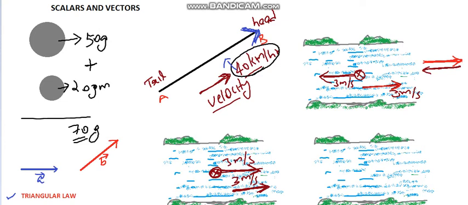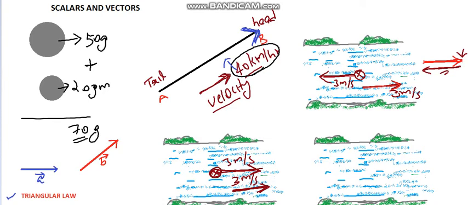Now these two are opposite in direction, so if you use these two velocities, they are vectors, and in order to add them, you have to place the tail of the second vector on the head of the first vector.